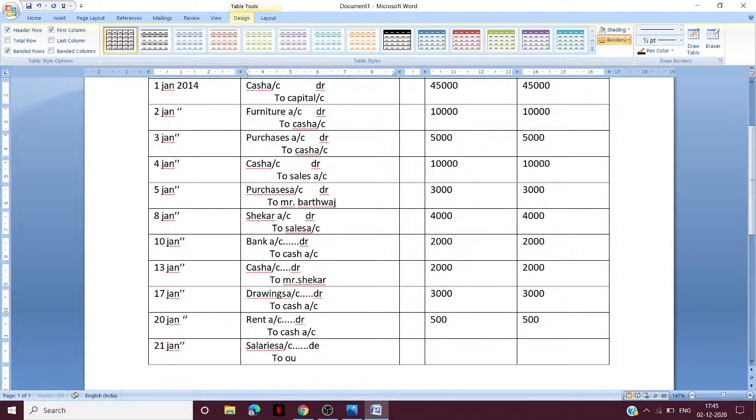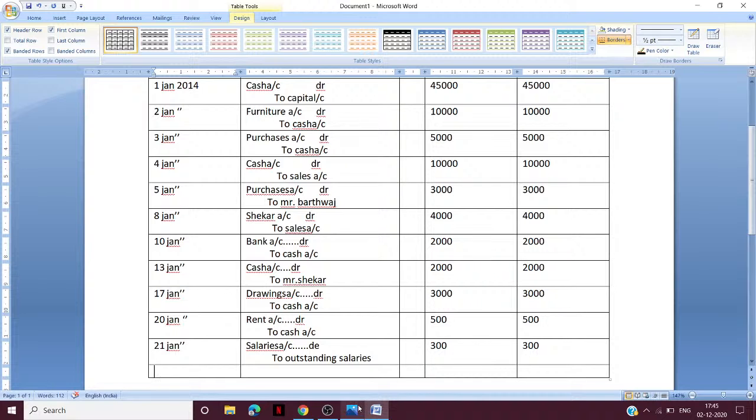So outstanding salaries account, we should post the transaction. So this is a transaction for salaries outstanding. The amount is 300 on both the columns.